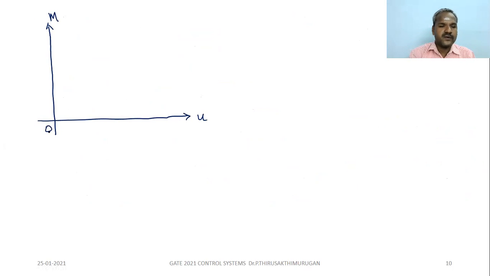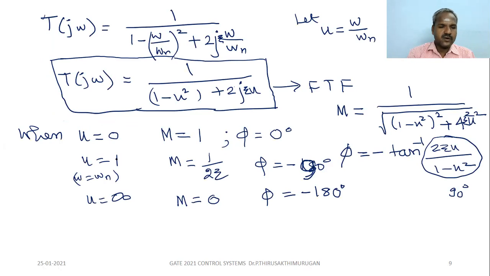So when u is 0, magnitude is 1. When u is infinity, magnitude is 0. When u equal to 1, magnitude is 1 by 2 zeta.